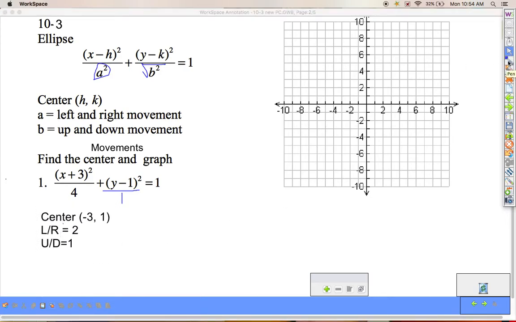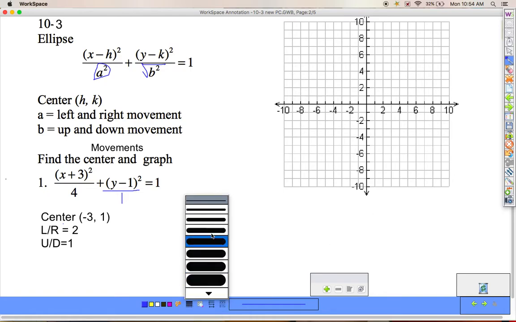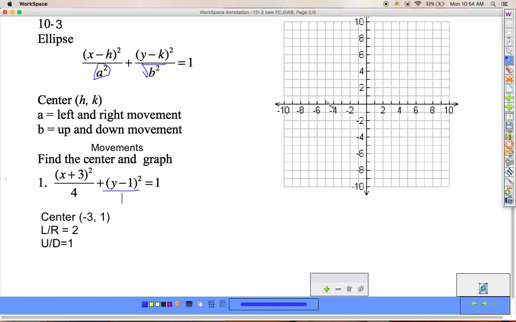Alright, now I'm going to take those values, my center, negative 3, 1. I'm going to go left and right 2 units. I'm going to go up and down from my center 1 unit. I get that. Now, I'm trying to draw this, which I'm working off a mouse pad, so it's going to be a little bit ugly.